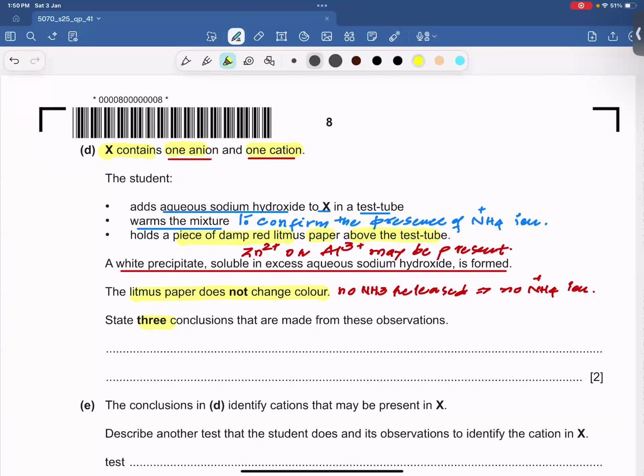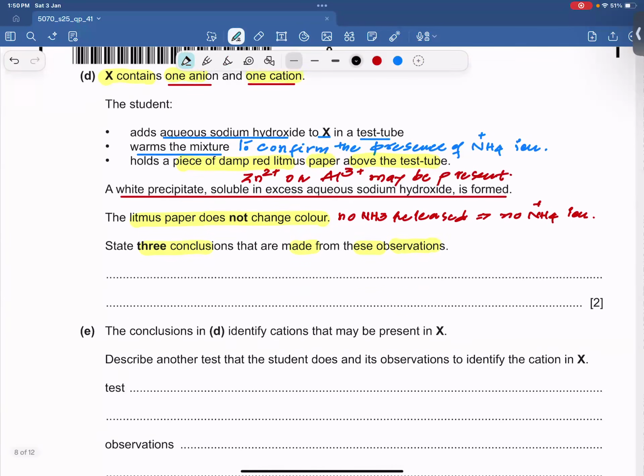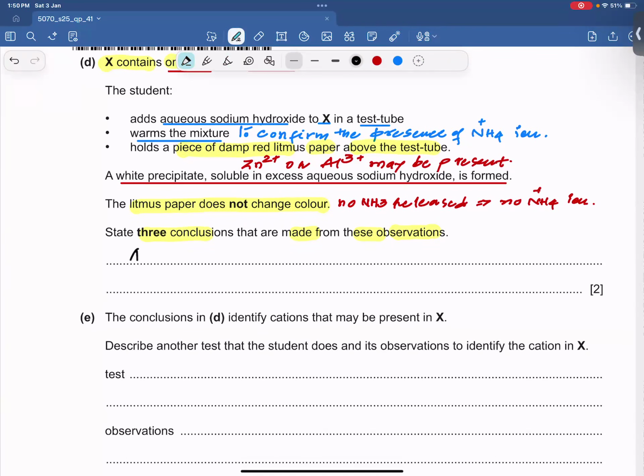State three conclusions that are made from these observations. Aluminum ions or zinc ions may be present, and no ammonium ions exist.